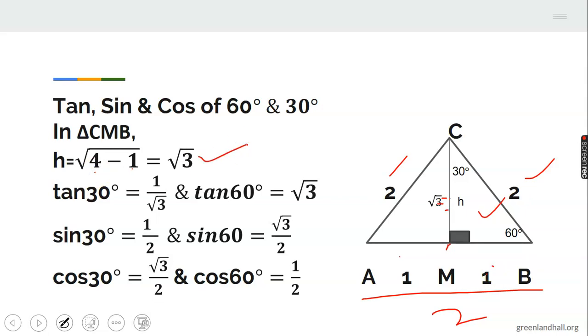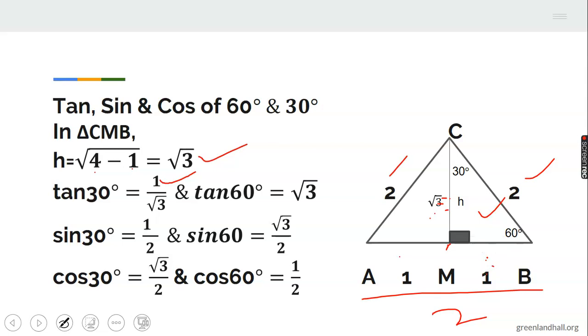So now looking for tan 30 in that same triangle. Tan 30 will be the opposite, which is 1, over the adjacent, root 3. So we have 1 over root 3. For 60, this is the opposite and this is the adjacent.